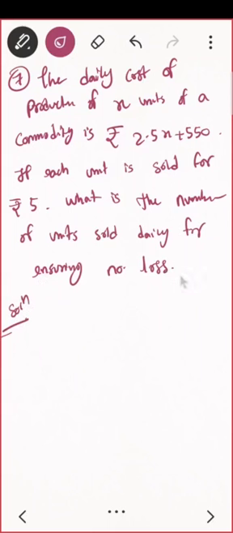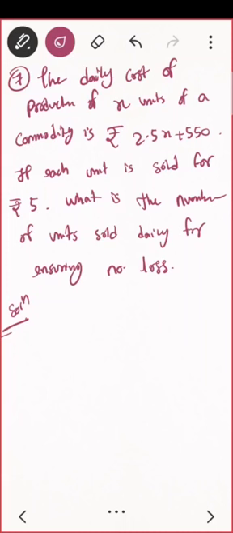Tell me, what do you mean by no loss? No loss means profit भी नहीं हुआ and loss भी नहीं हुआ, correct? Do you know इसको हम लोग एक नाम बोलते हैं?